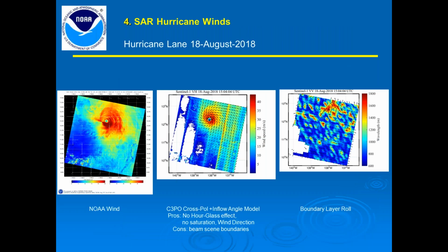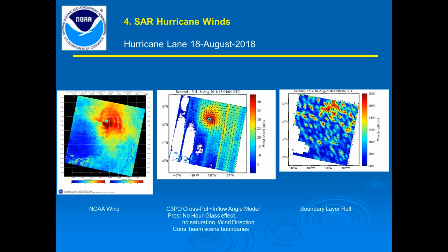So this is the hurricane just last week, Hurricane Lane in Hawaii. As I said earlier, ESA has made a very great effort trying to point their instrument over hurricanes. So we acquired three images over the course.